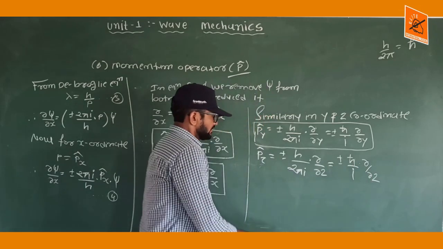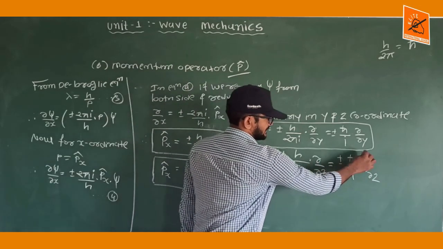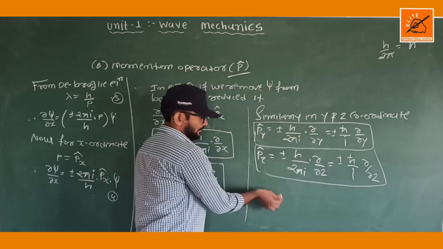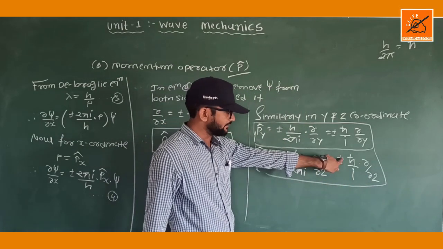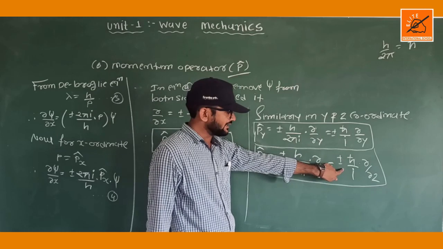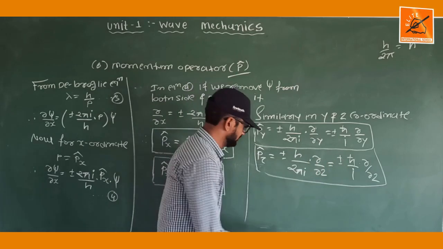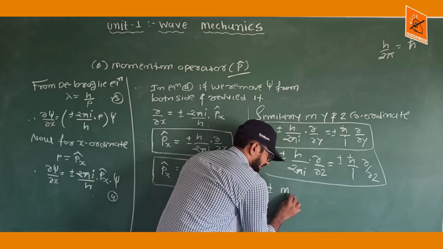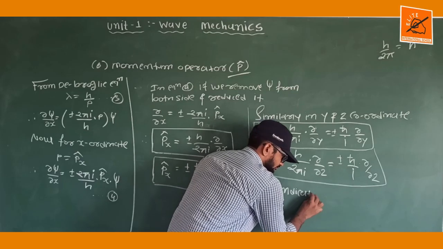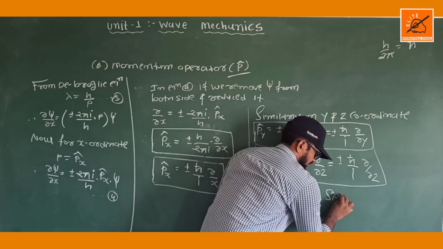Okay, so here in this equation, what do you mean by plus or minus? Plus or minus indicates sign. If any electron is traveling in the plus x direction, then plus; if on the other side, then minus. So plus or minus indicates sign.